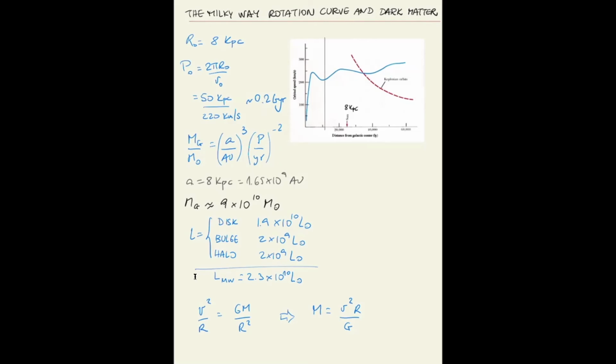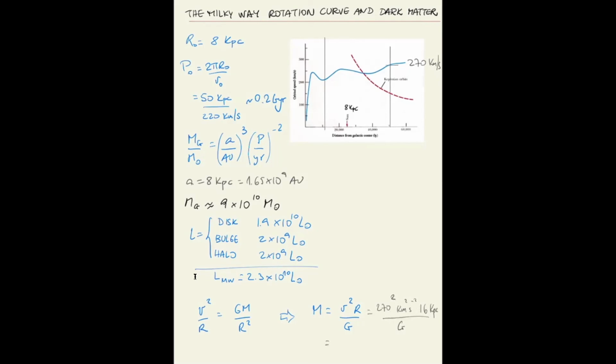All the way to the outer fringes of the disk, the orbital speed is constant, or even slowly rising with radius. Thus, there is more mass outside of the Sun's radius than inside. At double the distance where the Sun is, you estimate that the velocity is about 270 kilometers per second. So if we assume that the orbit there is circular and we use this estimate for the mass, we find 270 kilometers per second squared times 16 kiloparsecs over the gravitational constant.